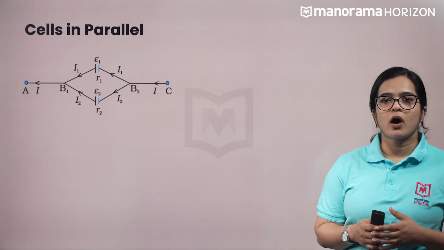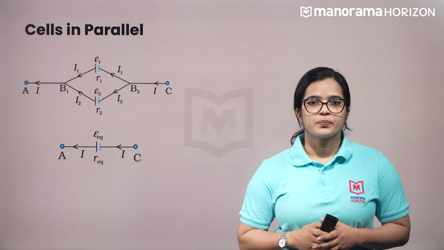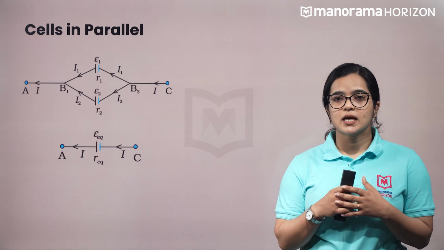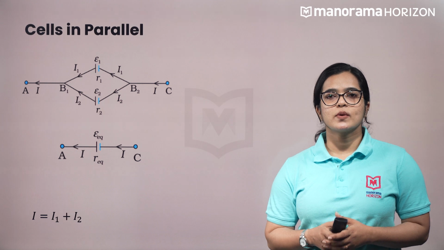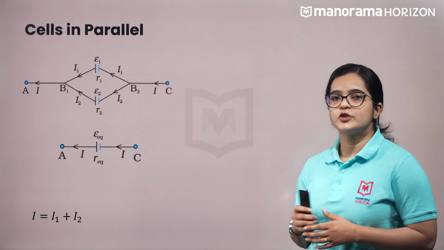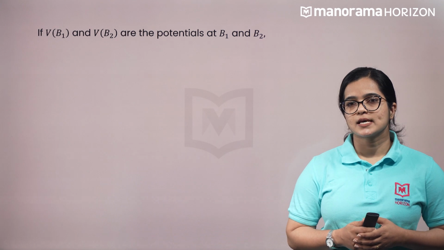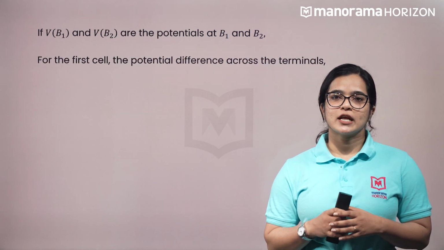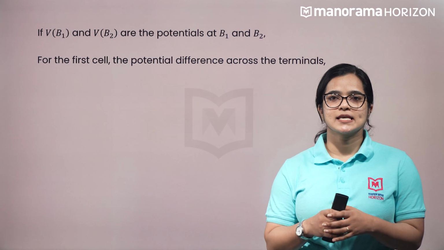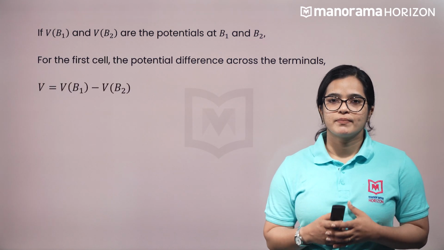Similar to the above case, the circuit is replaced by an equivalent circuit. Let I1 and I2 be the currents leaving the positive electrodes of the cells. We have I equals I1 plus I2. If V of B1 and V of B2 are the potentials at B1 and B2, then for the first cell, the potential difference across the terminals is given by V equals V of B1 minus V of B2.